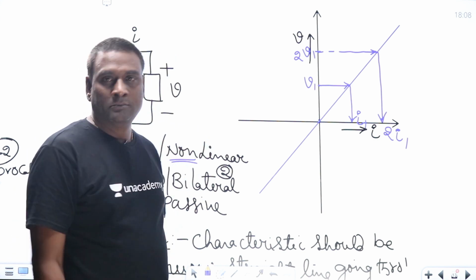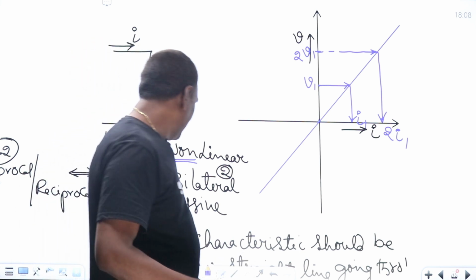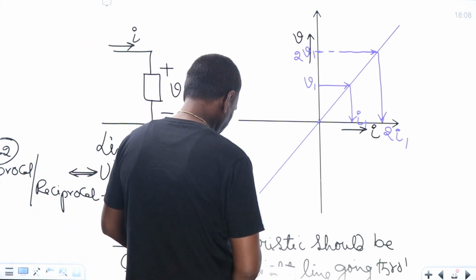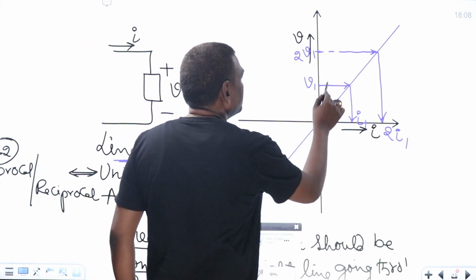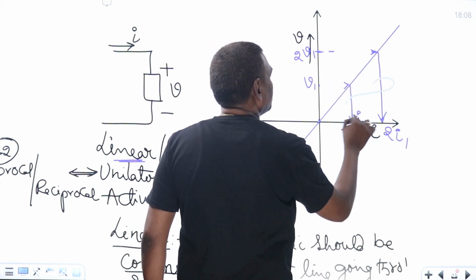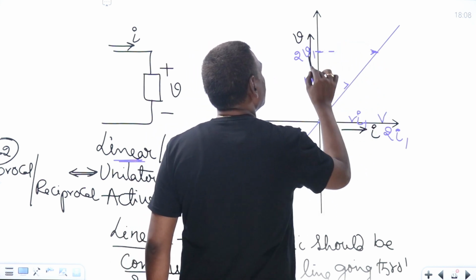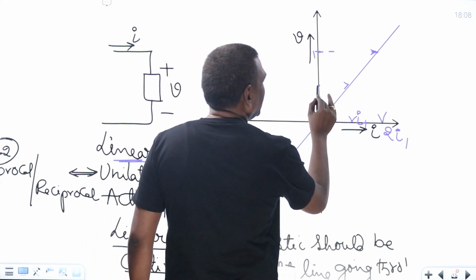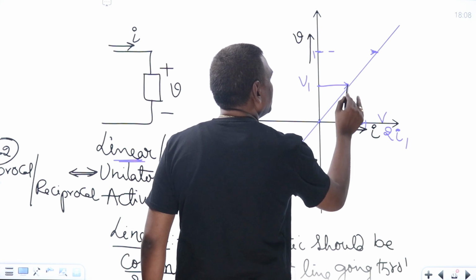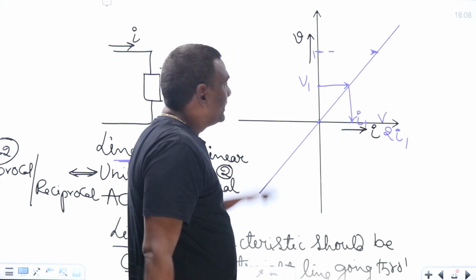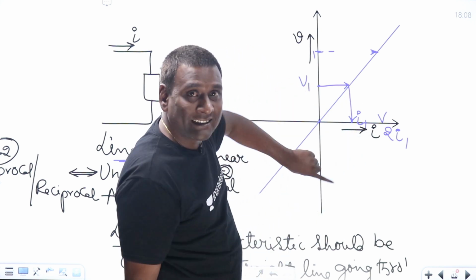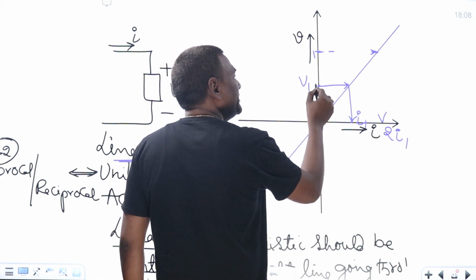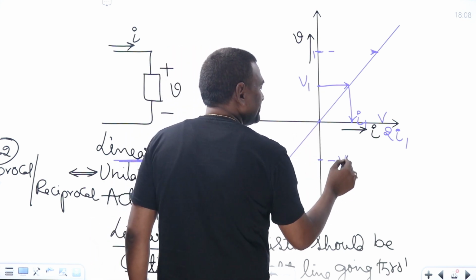Meaning that, for example, if I apply V1 here, the current is going to be I1. Now if I interchange, this is plus V1, let me think of minus V1.